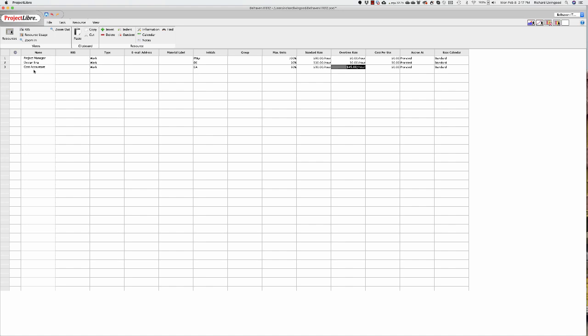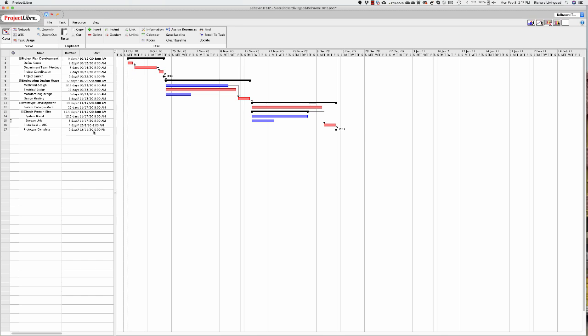So we've got a couple people in here working the project, and we're going to assign them to each of the tasks. Now, we might assign them to some tasks, maybe not to others. So let me go back to my tasks and go to my chart. There we go.